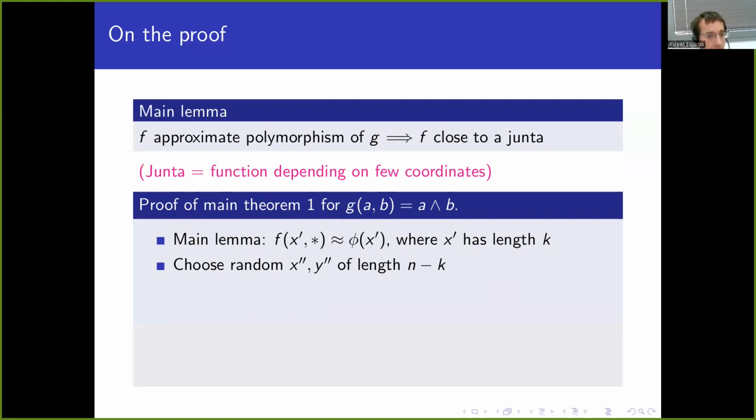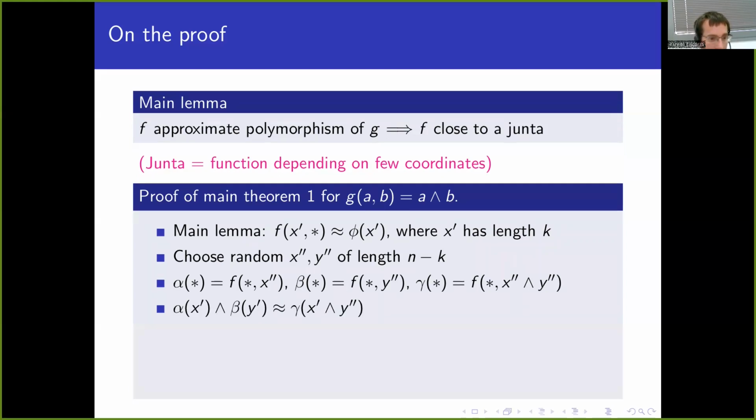And now we're going to define three functions, alpha, beta, and gamma. Alpha is what happens to f when we plug in x double prime at the second place. Beta, the same thing with y double prime. Gamma, the same thing with their AND. Okay. And now notice that alpha of x prime and beta of y prime is usually equal to gamma of x prime and y prime.